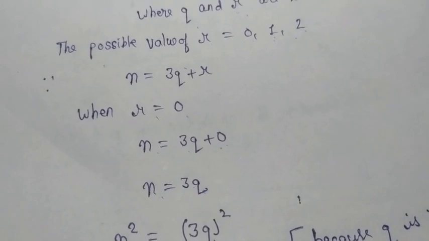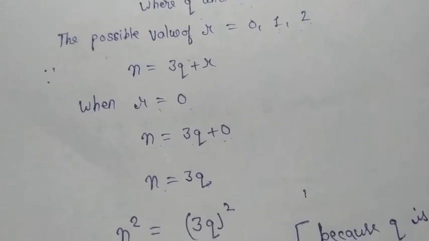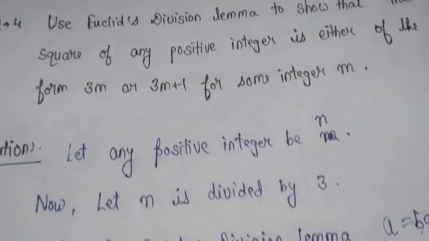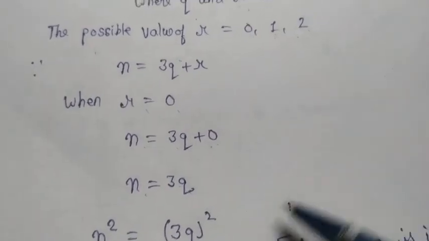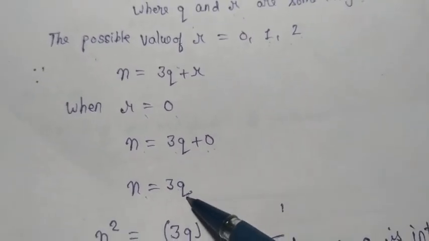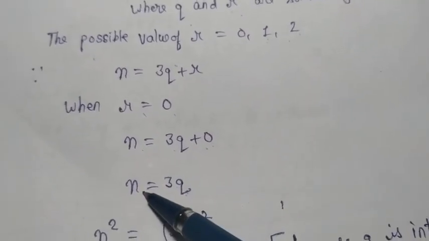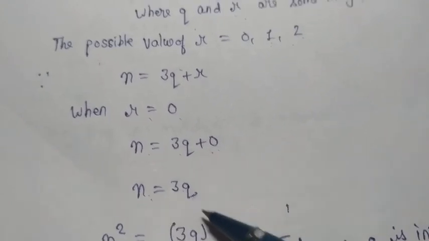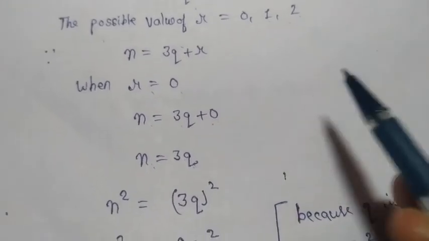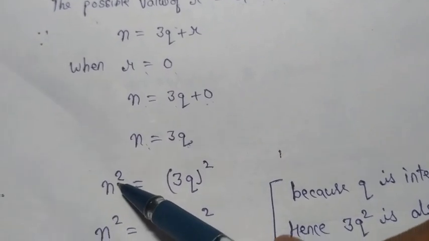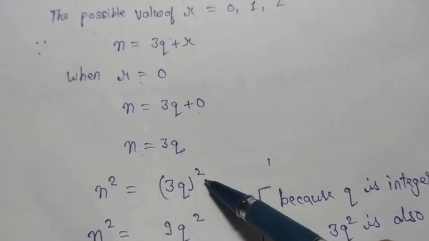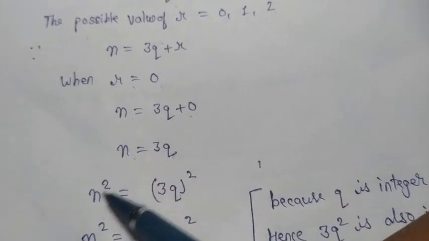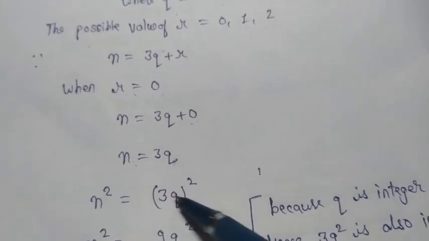But in the question we have to prove something about the square of any positive integer. So we got the positive integer, that is n equal to 3q. Now we have to take the square of that positive integer. So I have squared it, that is n square equal to 3q whole square, because when you square this number, n square will be equal to (3q) whole square.